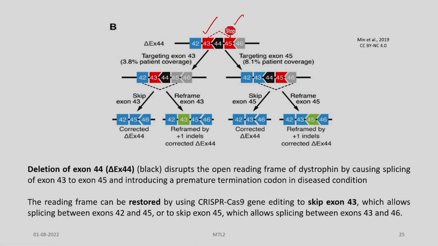The reading frame can be restored by using CRISPR-Cas9 gene editing to skip exon 43, which allows splicing between exons 42 and 45, or alternatively to skip exon 45, which allows splicing between exons 43 and 46. You can see here 43 and 46, and in the first strategy exon 42 and exon 45.